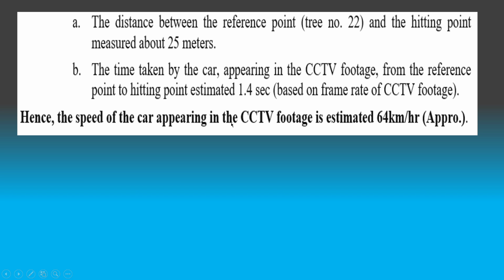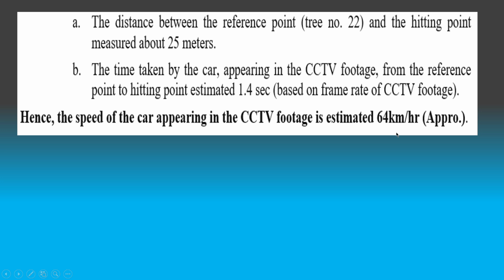So in such a case, the speed came to 64 kilometers per hour, and this speed is not permissible within the city. This proves the person was going higher than the permissible limit.